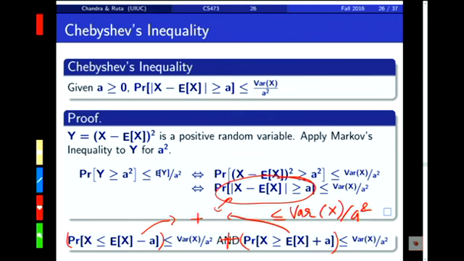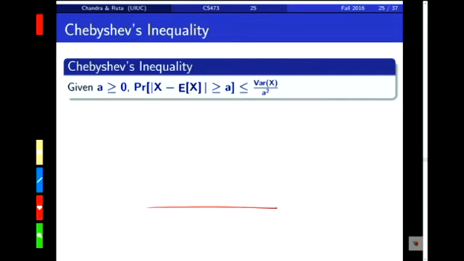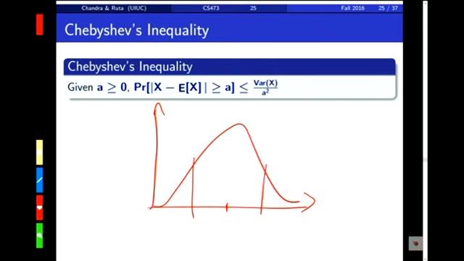That's the meaning of mod. So in a picture, if this is the mean, and this is, say, p star minus a and p star plus a, then it's bounding the probability here and here, the sum of that.